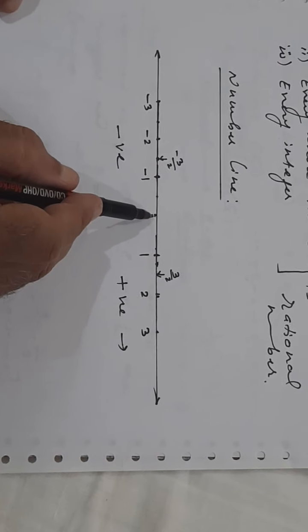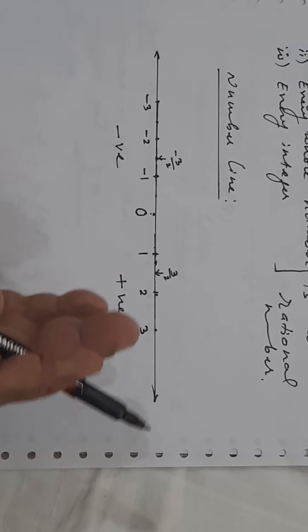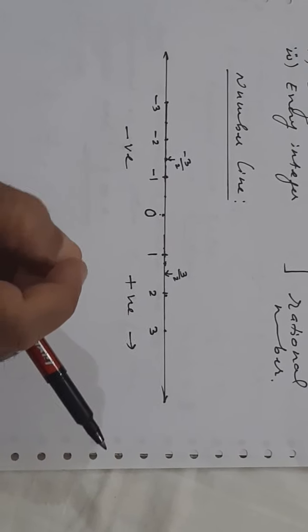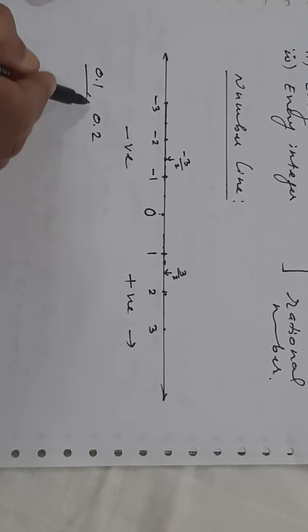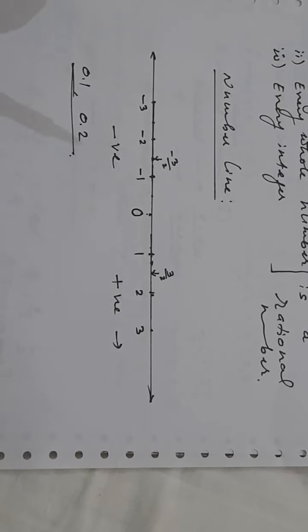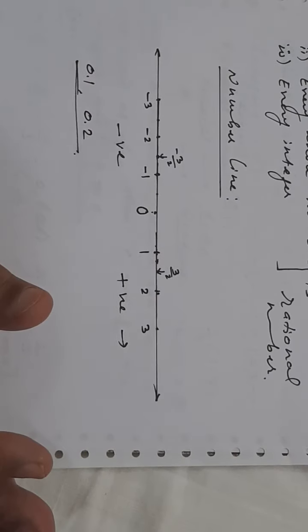Infinite numbers are there between 0 and 1, 1 and 2. So there are infinite numbers between any two numbers. You take 0.1 and 0.2. How many numbers will be there between these two numbers? Infinite numbers will be there. We don't have any limit to it.